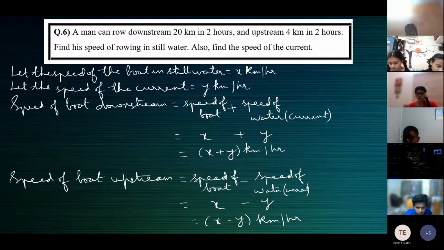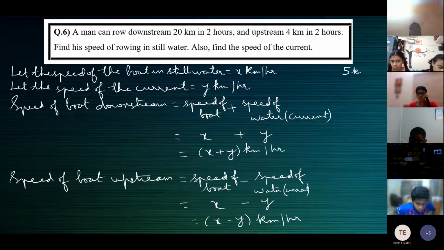If it was not windy, say you're running at the rate of 5 kilometers per hour. It's windy, and the wind is blowing at the rate of half a kilometer per hour.